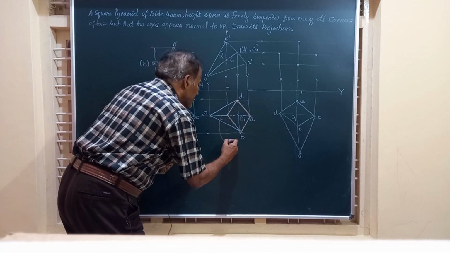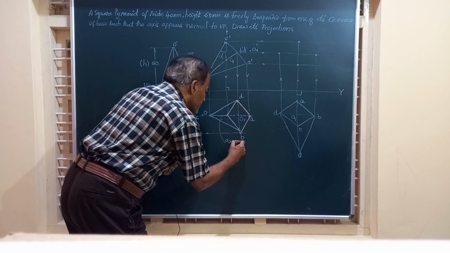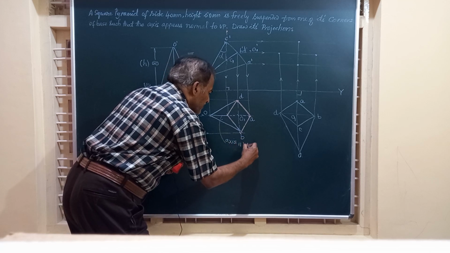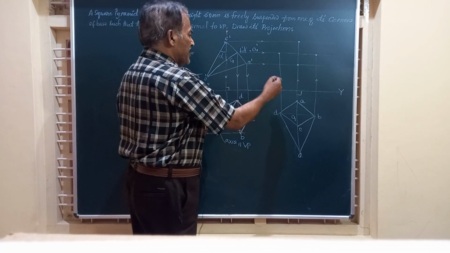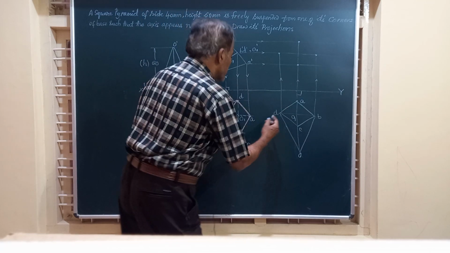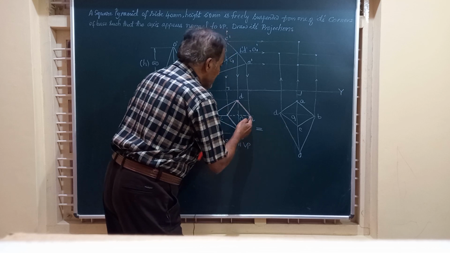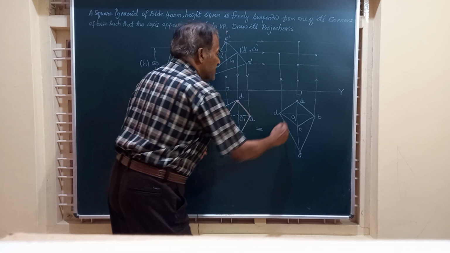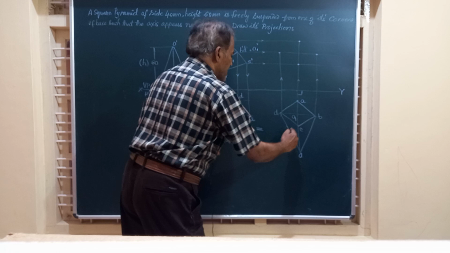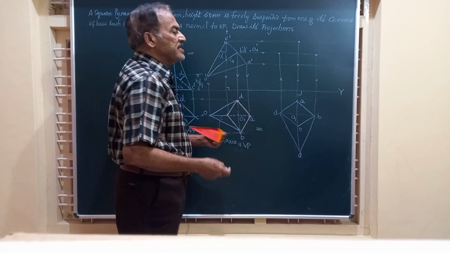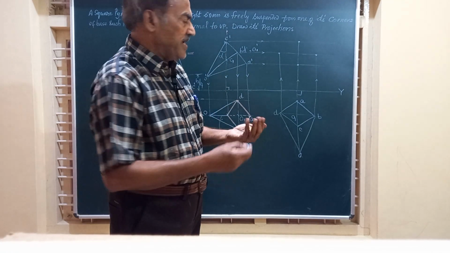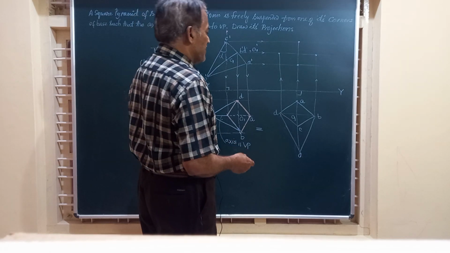I'll write down here axis parallel to VP, but it should appear normal to VP. So I have to redraw this figure such that the axis O1 becomes vertical as I have shown. So we are going to redraw that figure and obtain the corresponding front view.